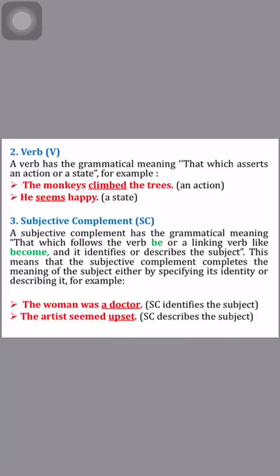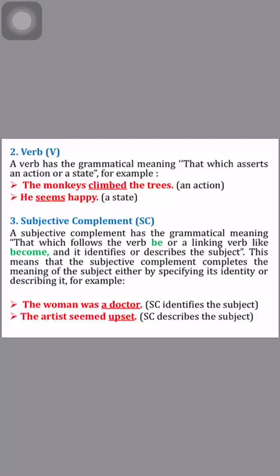So the subjective complement occurs after either a linking verb or the verb to be. This is one. Where do we find the subjective complement? Either after linking verbs or after be as the only verb within the sentence. This is number one. Number two, it has the grammatical meaning relationship, which is what?